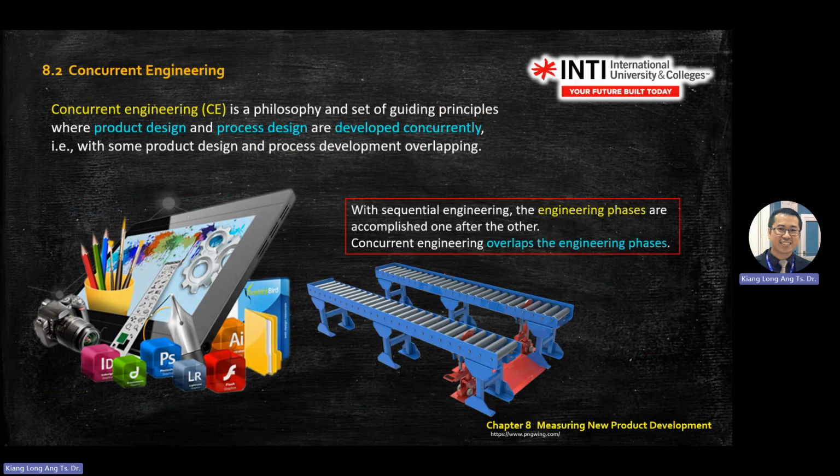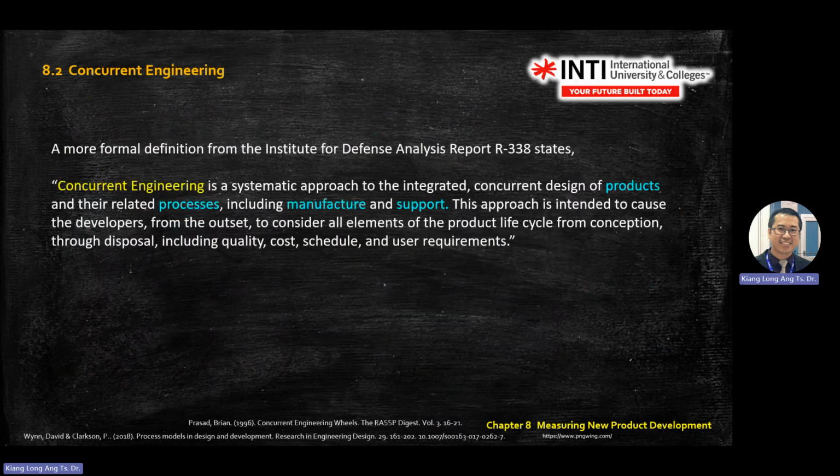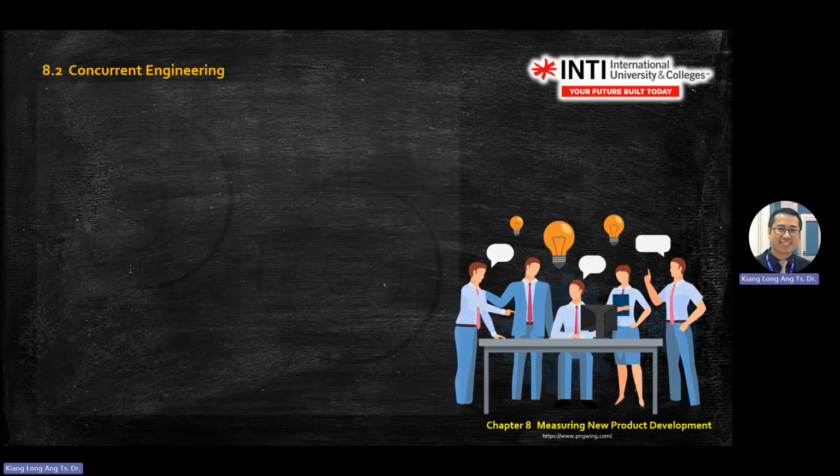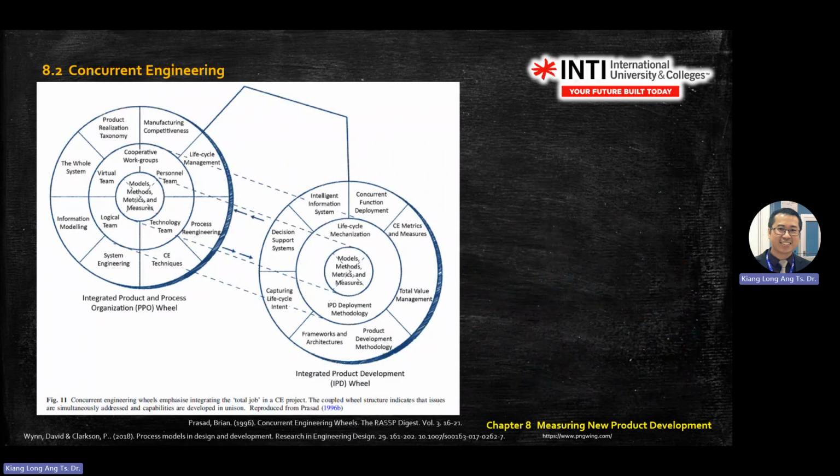Okay. Concurrent, Six Sigma. Some of it we already repeated already. Okay. This chart is very popular if you do IPPDD, Integrated Product Design and Process Development.